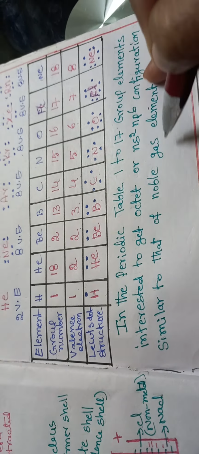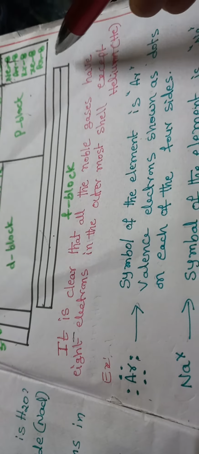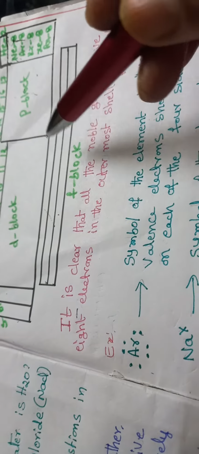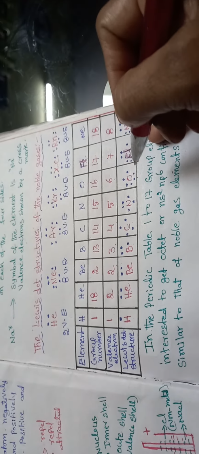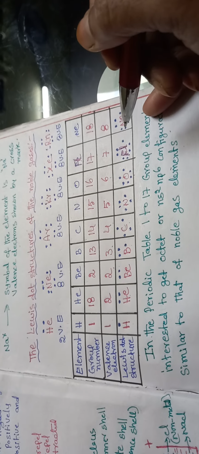Only the noble gases have the ns2 np6 electron configuration, so the remaining elements also want to get the octet configuration, similar to the noble gas elements. So this is all about Lewis dot structures.